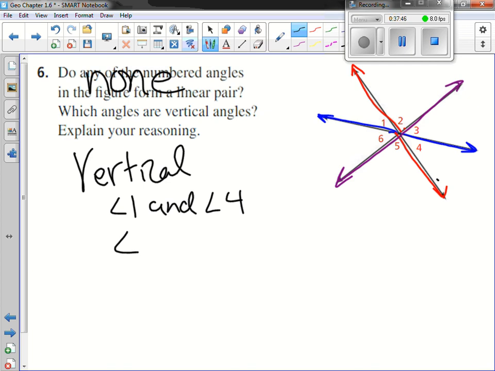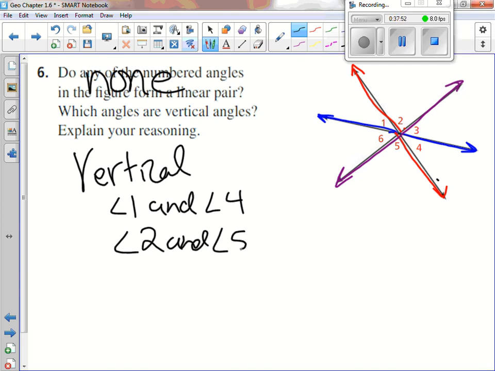You have a guess? 2 and 5. And then we have 6 and 3. And that's it. Those are the three. I mean, we could repeat the numbers, but they're going to be the same thing. And that's it. Questions on this here? We good with this here?